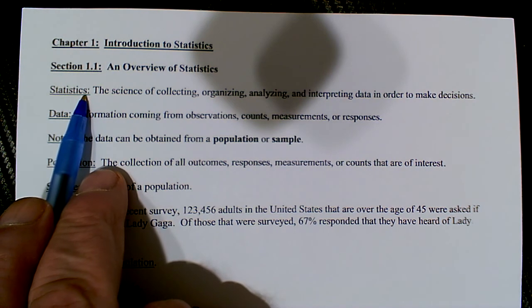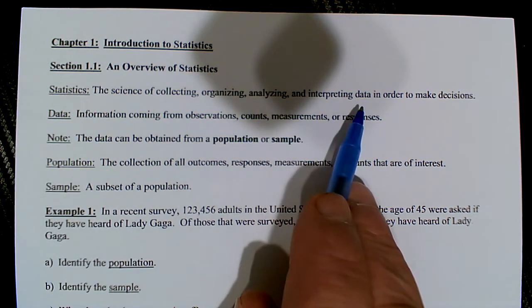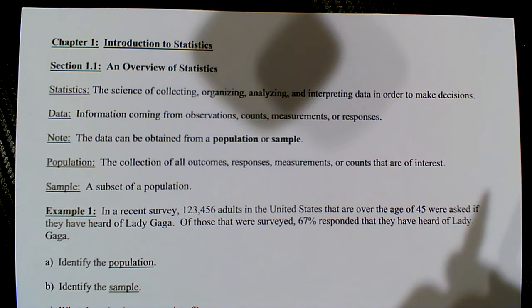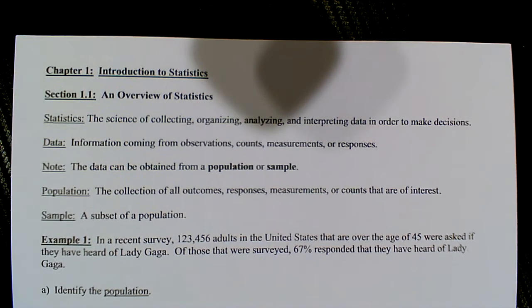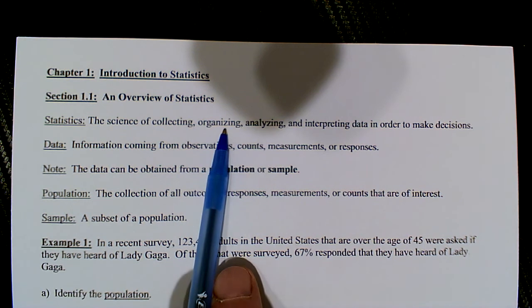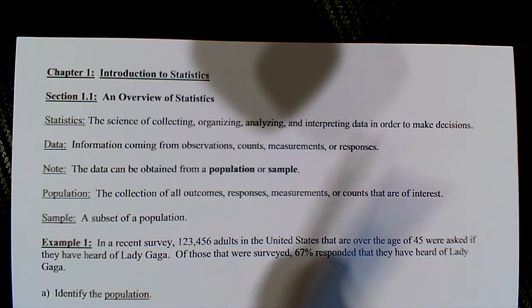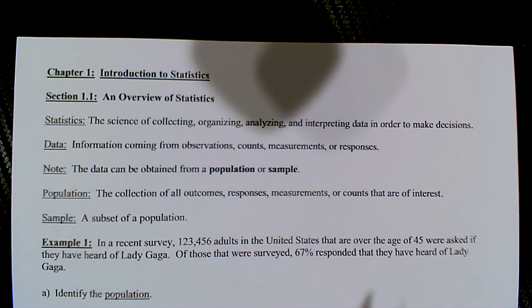And be careful, we'll talk about a statistic in a moment. But statistics is the science of collecting, organizing, analyzing, and interpreting data in order to make decisions. So it's a process where you would collect the data, and we'll see different ways to organize it, different ways to analyze it, and then we'll make interpretations based on the results.